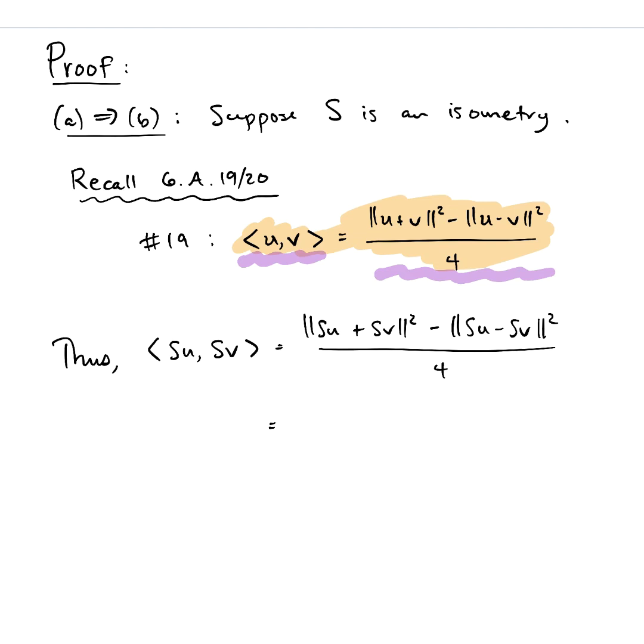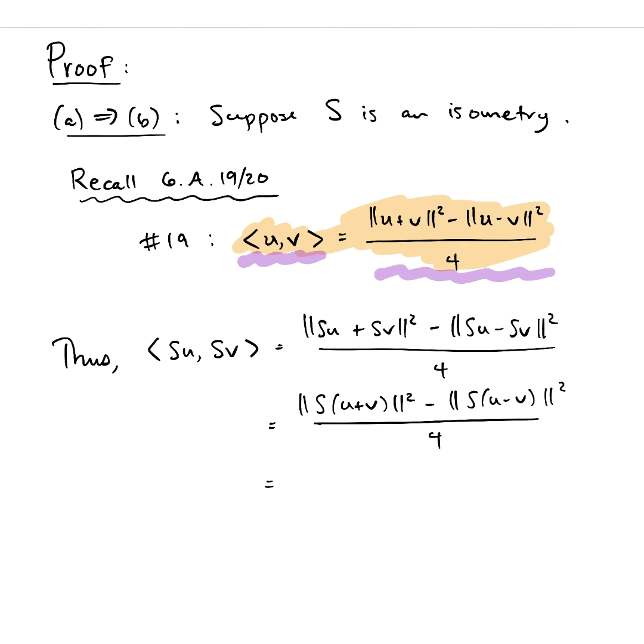But look what you have in that numerator. That first term is the norm of S acting on U plus V squared, take away the norm of S acting on U minus V squared, all over 4.